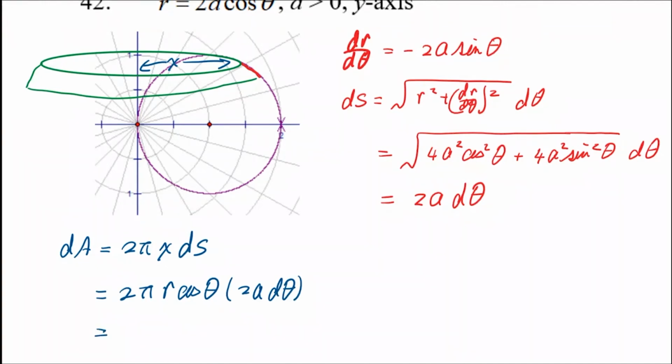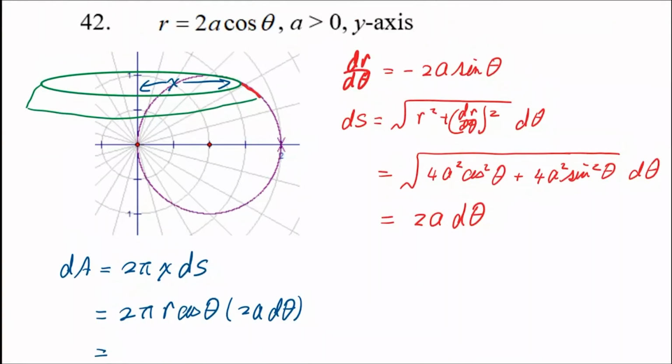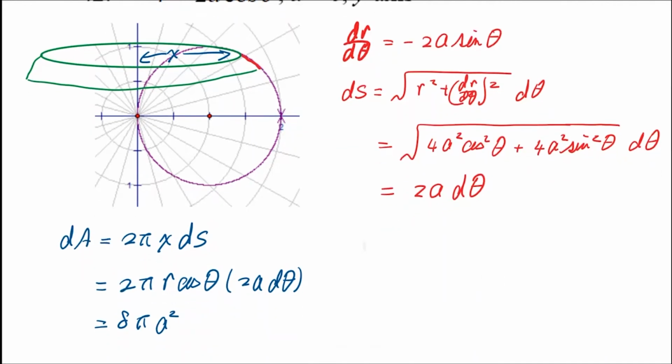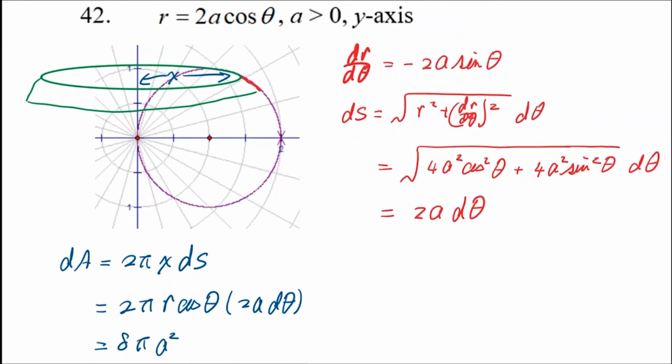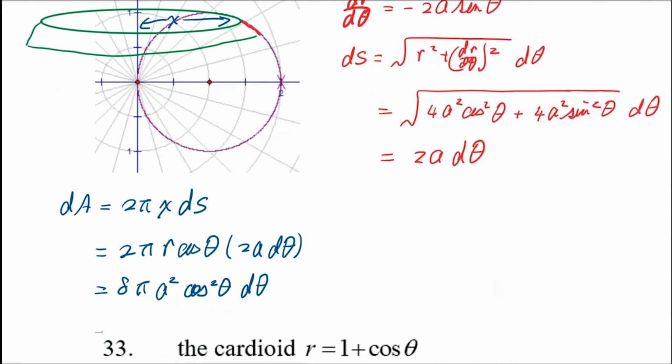And of course, r is 2a cosine theta. So putting it together, we have 2 pi, 2 here, and 2 there. So we have 8 pi a squared, and cosine theta, so we would have cosine squared theta, d theta. Still with me?